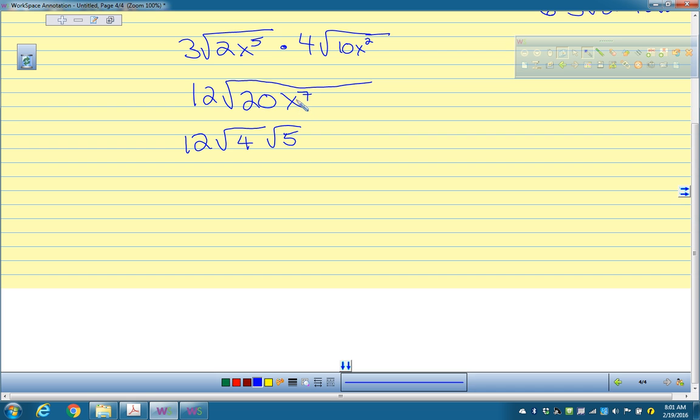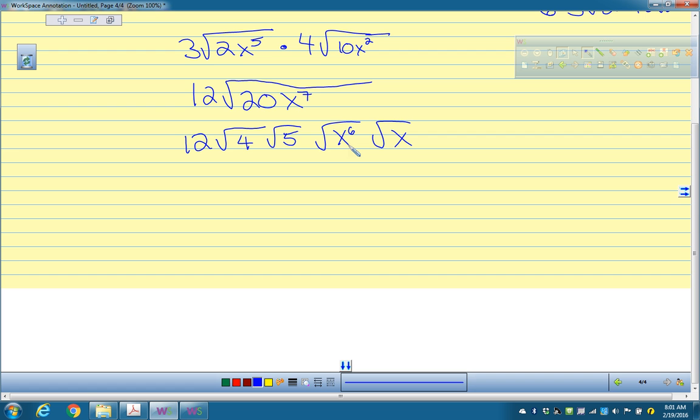So instead of saying x squared times x squared times x squared, I could write this as the square root of x to the 6th times the square root of x. Because what is the square root of x to the 6th? x to the 3rd, because x to the 3rd times x to the 3rd gives you x to the 6th.